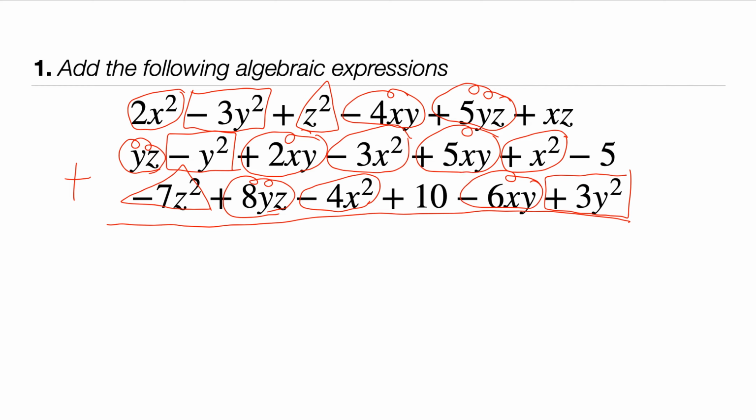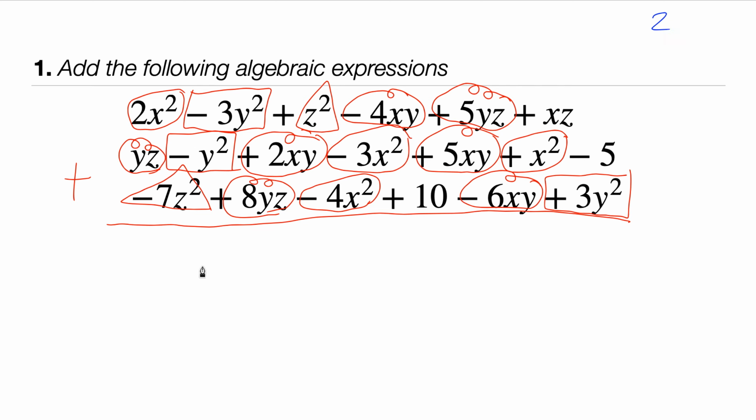Let's try to have our addition now. As you can see, with tick marks it's pretty easy to see the like terms, compared to when there are none. Let's first add all the x squared. We have 2x squared.